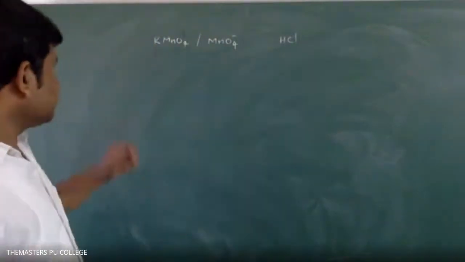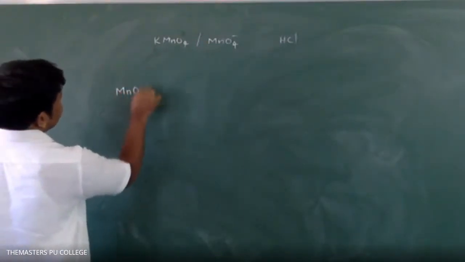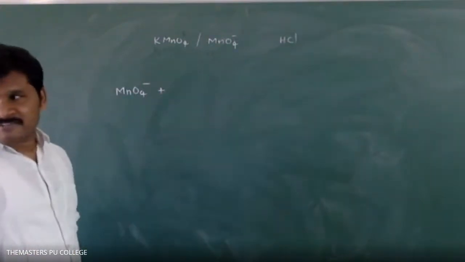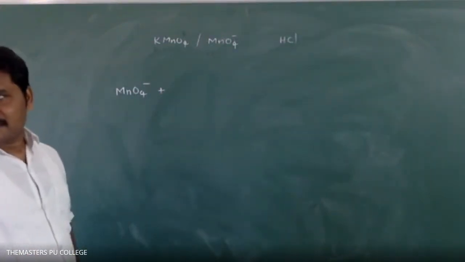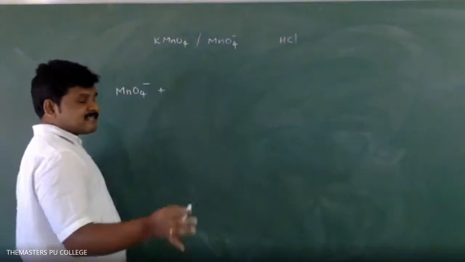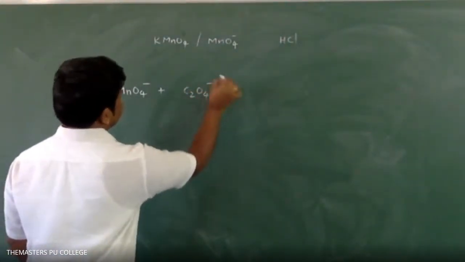Here I will write the ionic equation. MnO4 minus plus, which oxalate is given? Ferrous oxalate. Ferrous is plus 2, C2O4 minus 2.